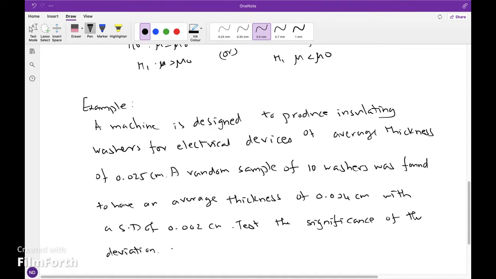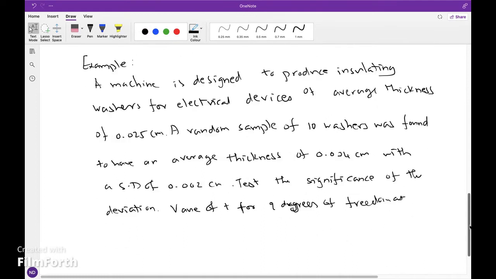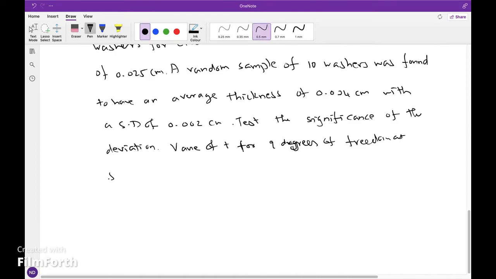Value of t for 9 degrees of freedom at 5% level is 2.262.